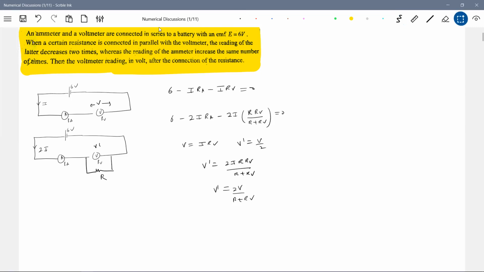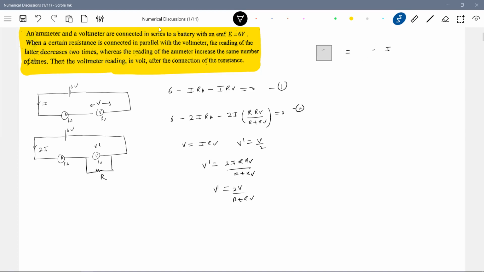Anyway, this is some equation. If we can eliminate IRA, equating these two, 6 minus IRV equal to 6 minus 2I RA.